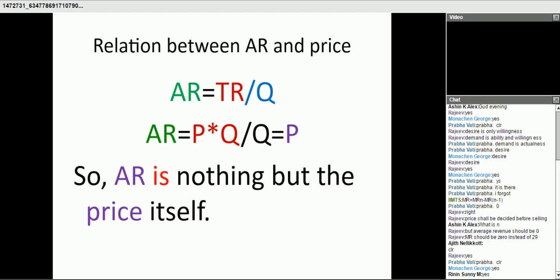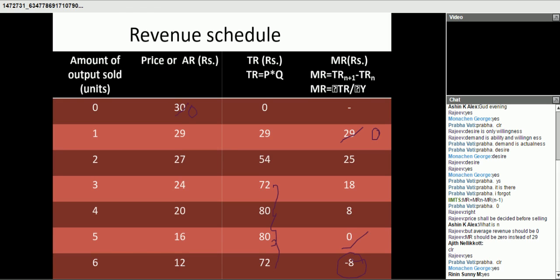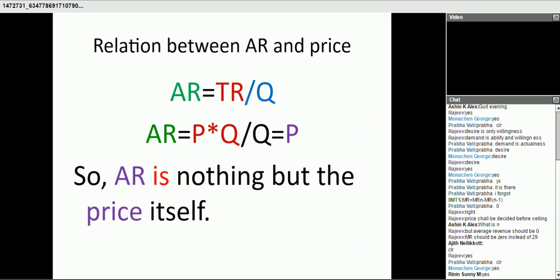So, what is the relationship between the average revenue and the price? In this chart you saw that we are writing two things in this column: price also and average revenue also. This is not correct, but let us see how and why that has been written. We know that average revenue is equal to total revenue divided by the total quantity sold, so it's TR upon Q. Now how do we arrive at total revenue?